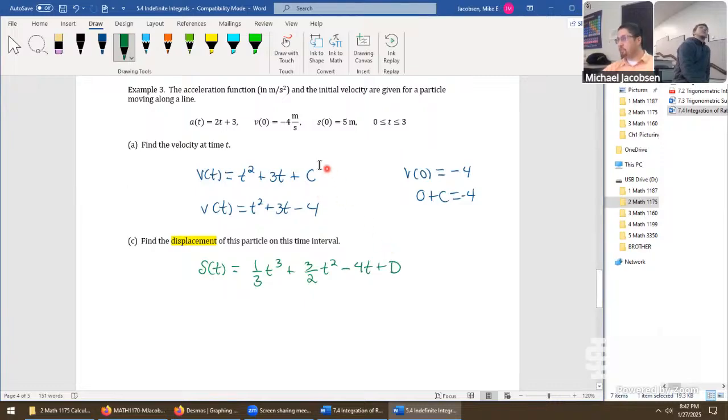I'll call this one d, so I'm not confused with the prior one, c. If you plug in 0 and solve, just like we did over here, we'd find that d is 5 meters. So let's write it in. That would be the displacement of the particle at any given time.